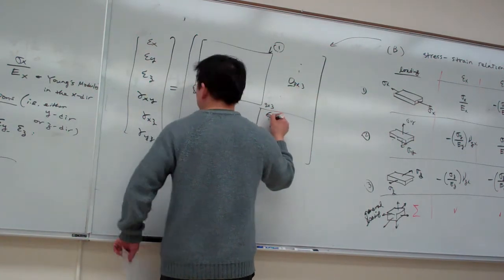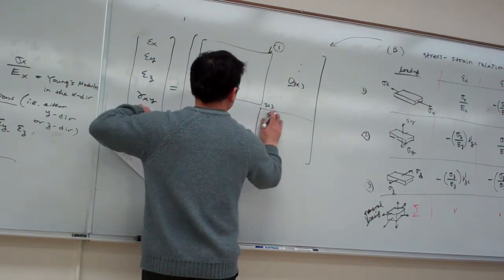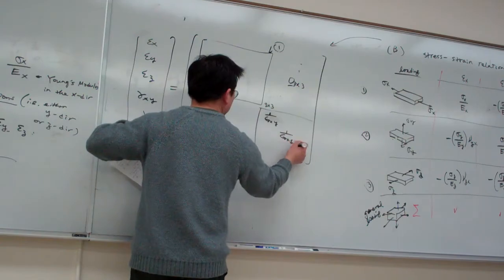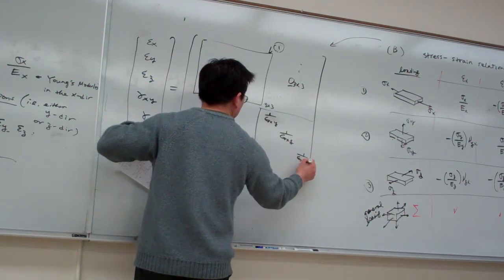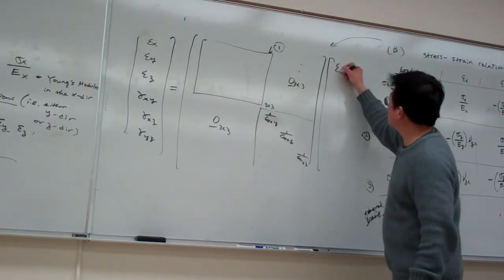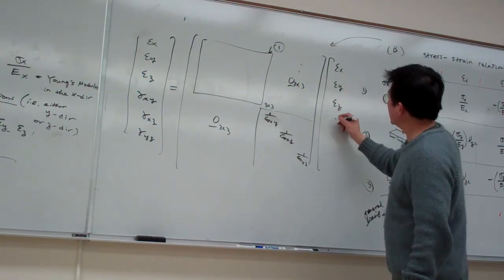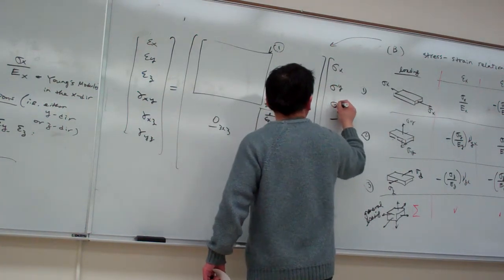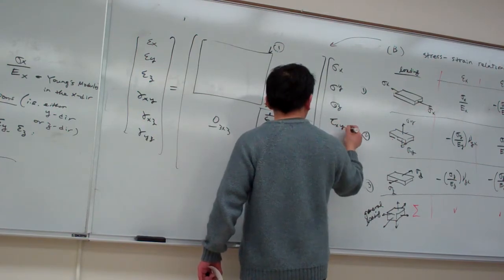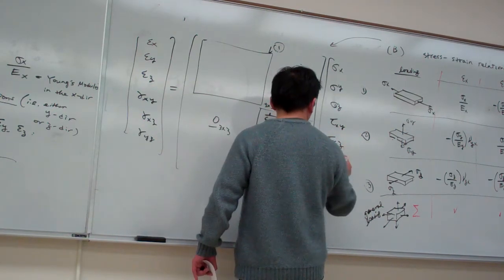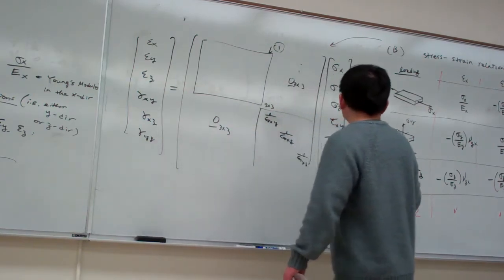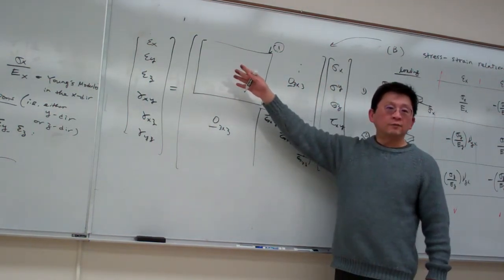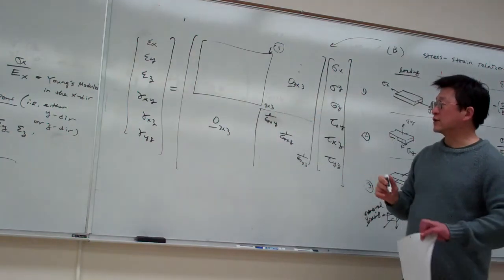And for this one it is 1 over Gxy, 1 over Gxz, and 1 over Gyz, multiplied with the stresses and tau xy, tau xz, and tau yz. So that is a big compliance matrix involving all the stress and strain.